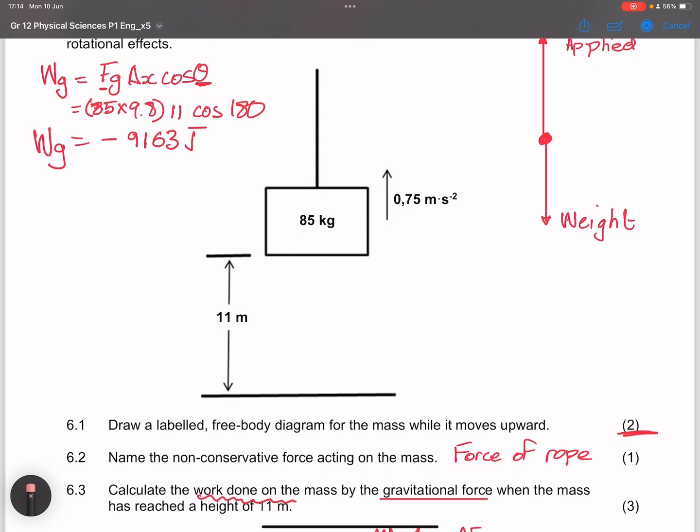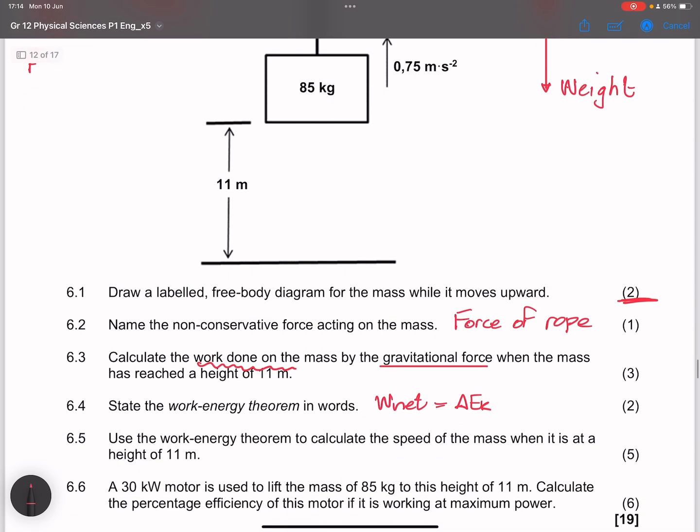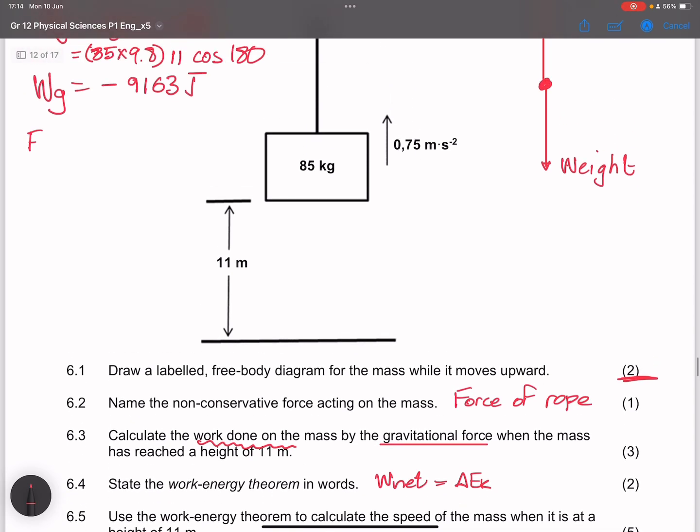Okay, so if we use Newton's second law, for 6.4, I'm going to say F net is equal to ma. Now note, it would be the force of the rope minus the gravitational force, which is equal to ma.